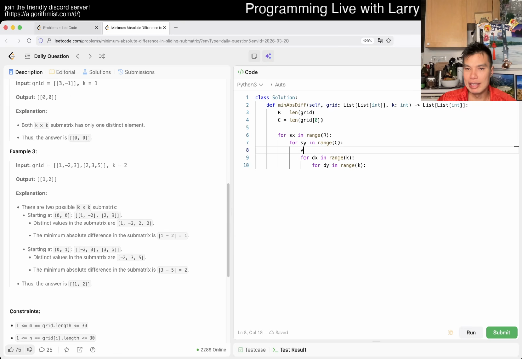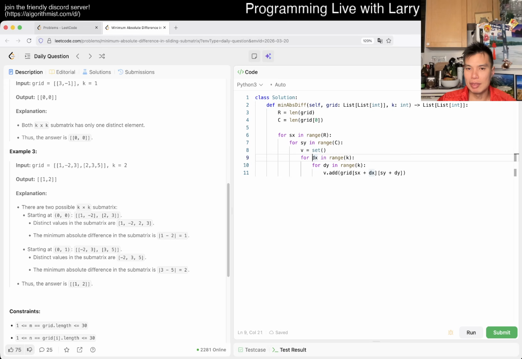So maybe we have values, right? Then we have dot append, or maybe we have it as a set because it's supposed to be distinct, right? So then we have add grid of sx, sy, plus dx, plus dy. But of course, you have to make sure that they're in bounds. So maybe there's a different way to write it, right?